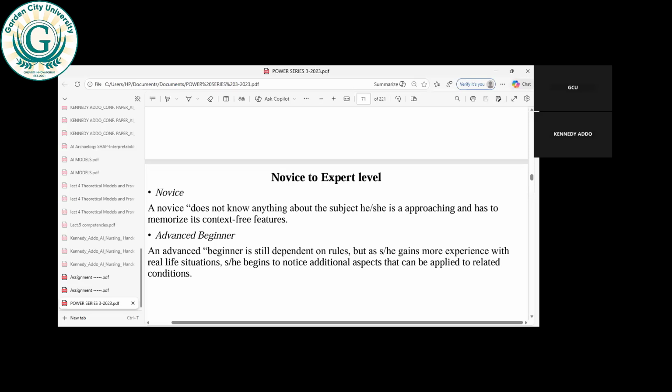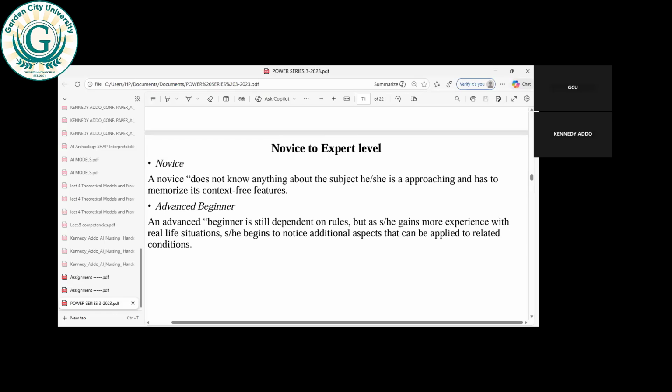And once you cannot use the system, you are supposed to limit yourself to looking at the features or the rules of the engagement or game, right? And that is who a novice is. Then a beginner is still dependent on rules, but as he or she gains more experience with real life situations, he or she begins to notice additional aspects that are applied to related conditions.